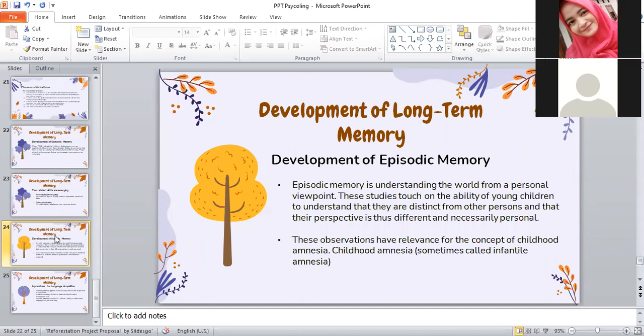Wheeler et al. conclude that episodic memory does not develop until about 4 years of age. These observations have relevance for the concept of childhood amnesia. Childhood amnesia, sometimes called infantile amnesia, refers to the inability of adults to remember experiences from the first few years of life. Most people cannot recall events before their third birthday.